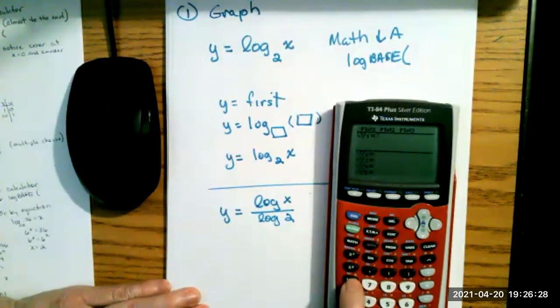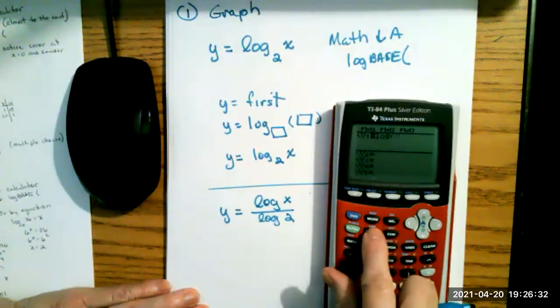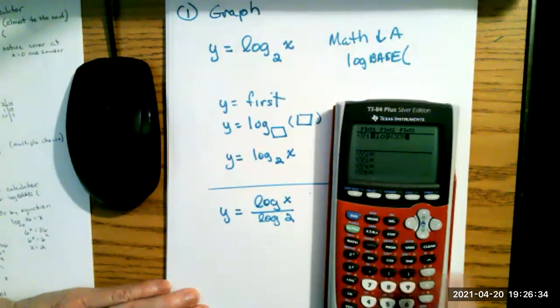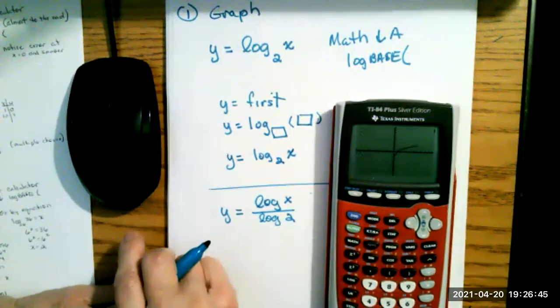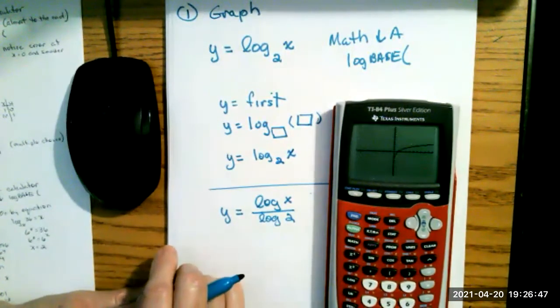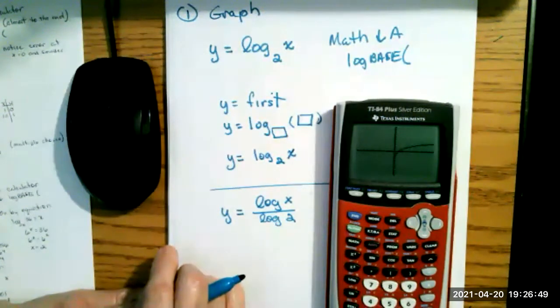Your LOG is on the keyboard on your calculator. So do log x, make sure you close the parentheses on that log x, divided by log 2. You can put it directly in there just like that and not have to mess with the keys down to math. But you need to be able to do both because sometimes it's harder to use one or the other.